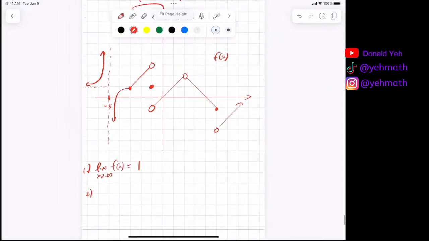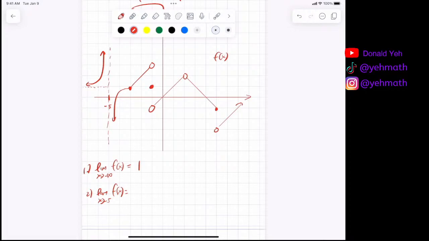2. I can say the limit as x approaches -5 of f of x. Thomas, what's the limit when x approaches -5? Infinity.